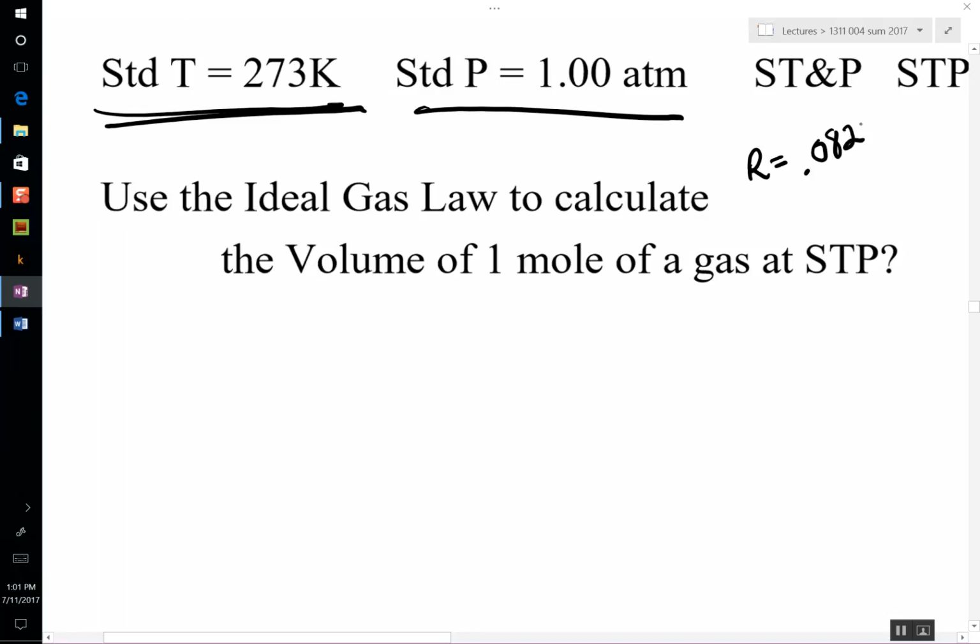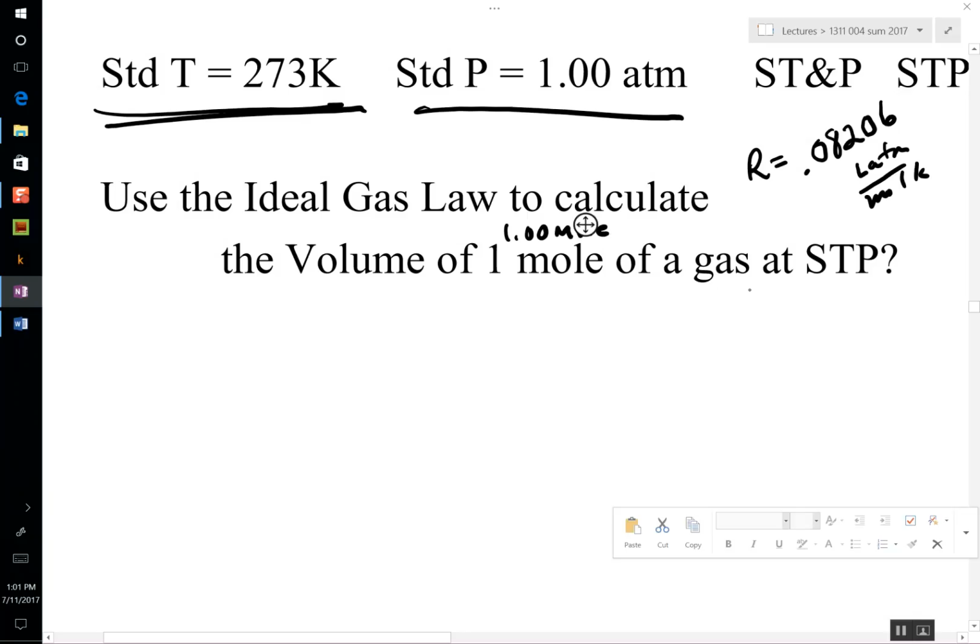Instead of 1, it's 0.08206 liter atmospheres per mole Kelvin. For this calculation, use the ideal gas law to calculate the volume of 1 mole, and we're talking about exactly 1 mole of a gas at standard temperature and pressure.